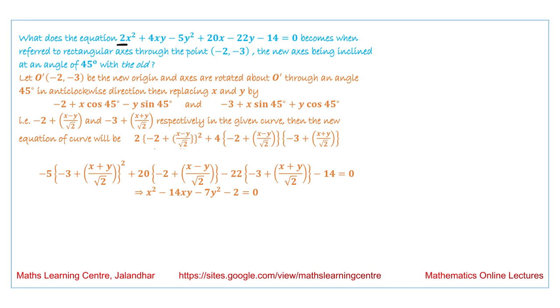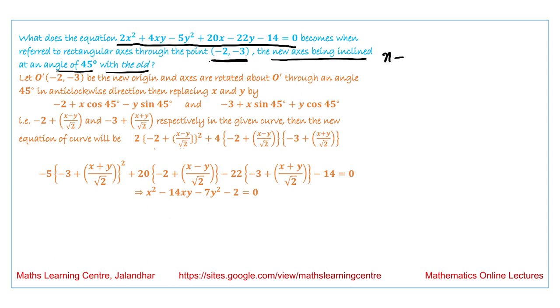What does the given equation become when the referred rectangular axes are shifted to the point (-2, -3) and the new axes are inclined by an angle of 45 degrees to the old axes?